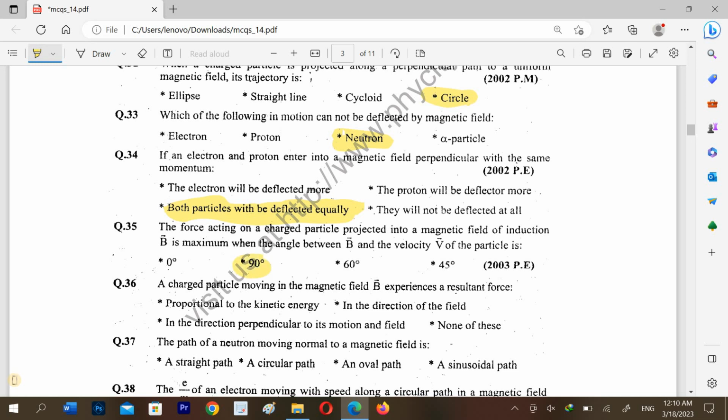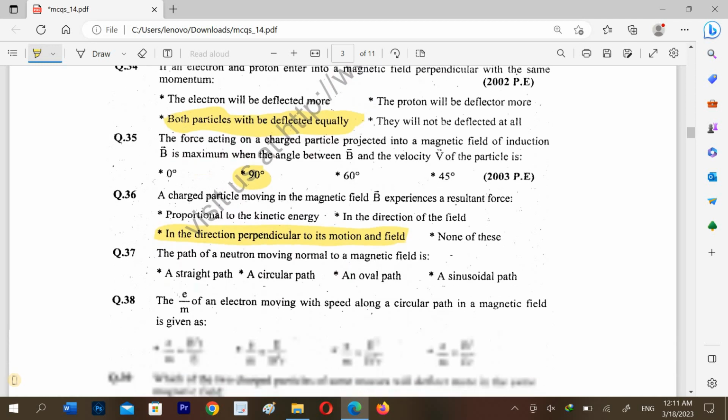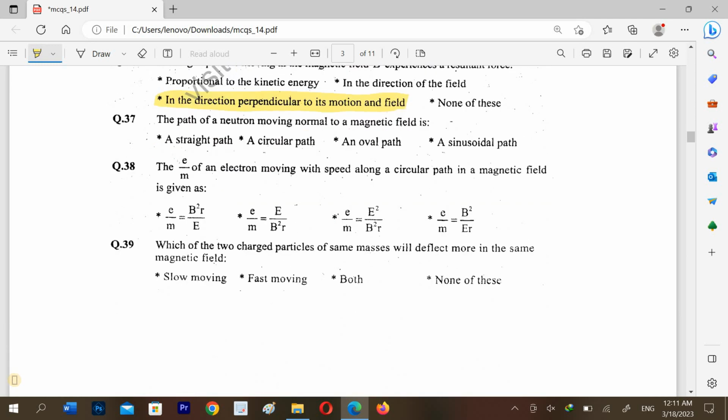A charged particle moving in the magnetic field B experiences a resultant force in the direction perpendicular to its motion and field. The path of a neutron moving normal to a magnetic field is a straight path.